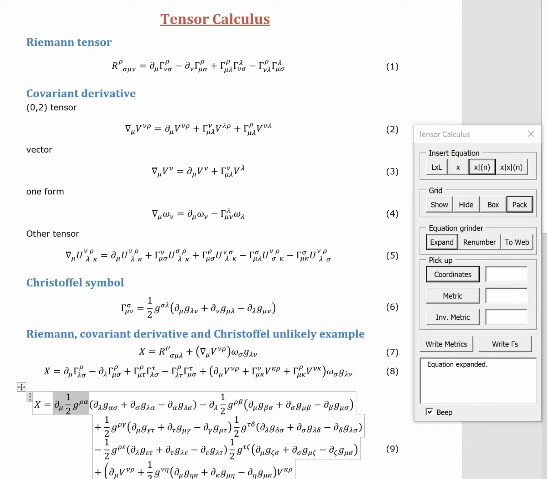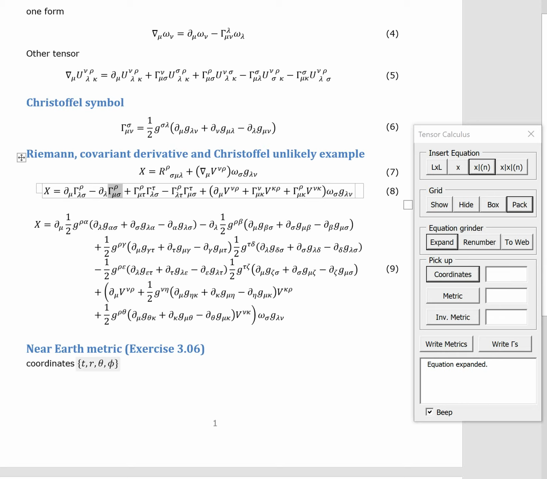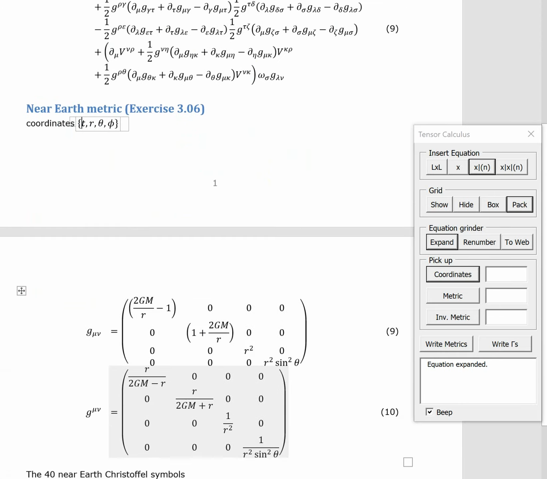Now, there's another thing you can do with these is that you can write out every component if you know what the coordinates are and what the metric and the inverse metric are.